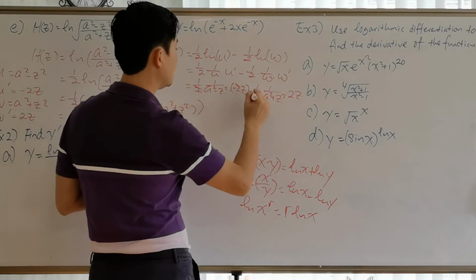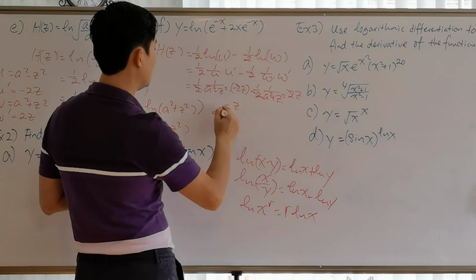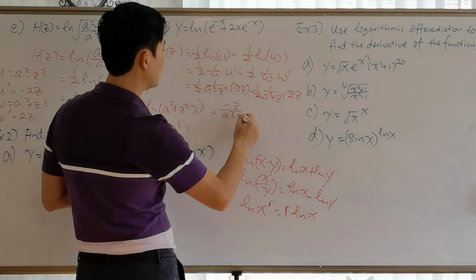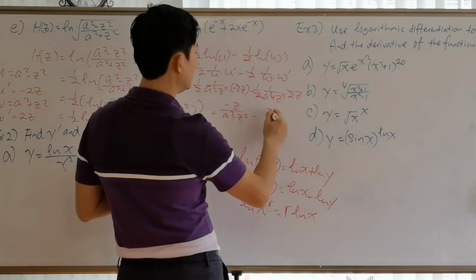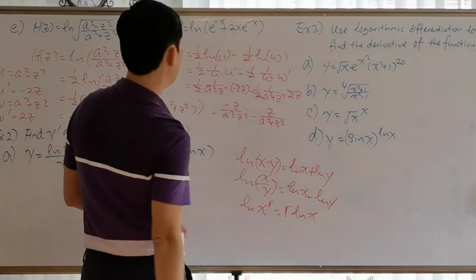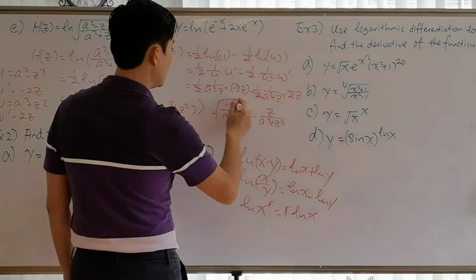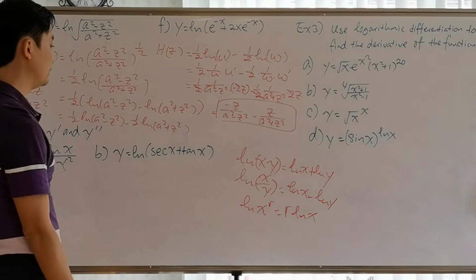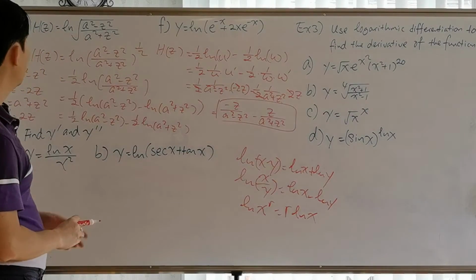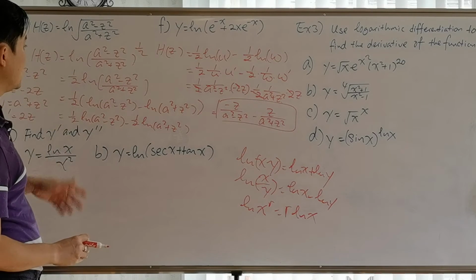The 2s cancel. So what's left here is just negative z over a squared minus z squared, and then minus z over a squared plus z squared. That's the final form. Again, it's all about using the properties of natural log. Once you expand it, it's easier to differentiate using the u, w substitution.